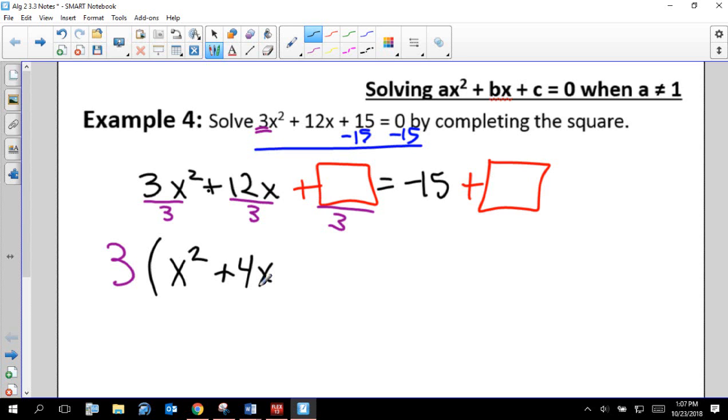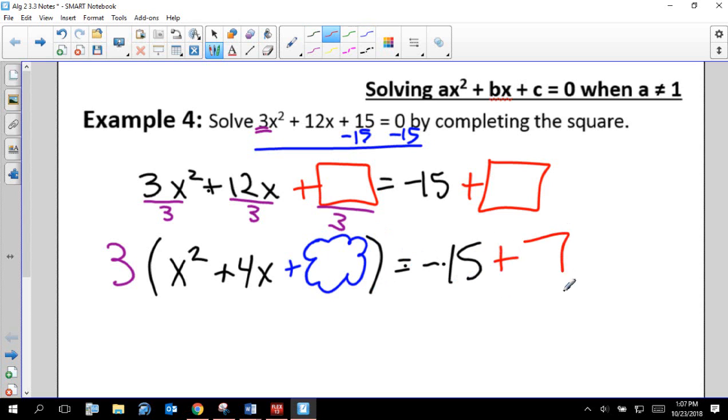I'm going to give it a different symbol because it's not the same thing as the square. I'm going to call it Fluffy Cloud. But I didn't do anything to the other side of the equal sign, so the other side is still square.